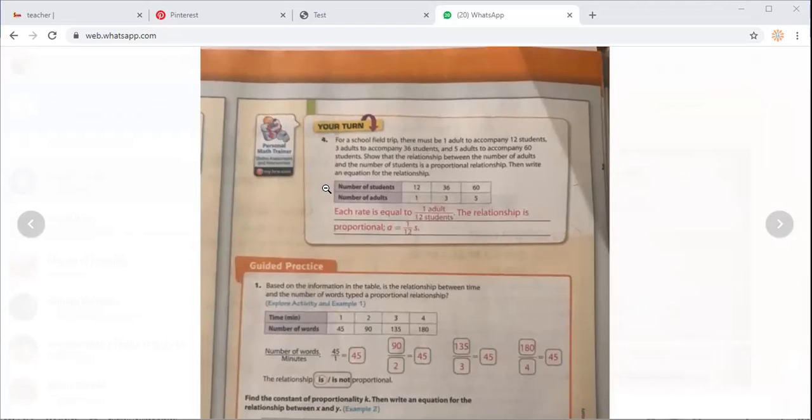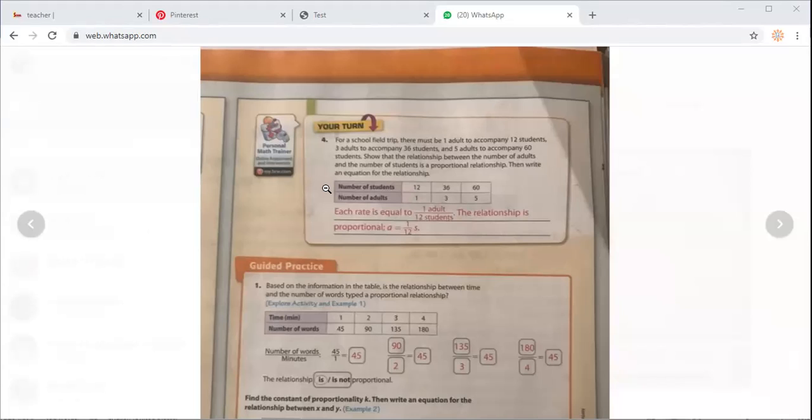We can write this equation by taking only the first letter of each one. Then instead of Y, I can write A. Instead of X, I can write S. So we can write the equation as A equals 1 over 12 S. It will be the same as Y equals KX. First we decide if this relation is proportional or not.